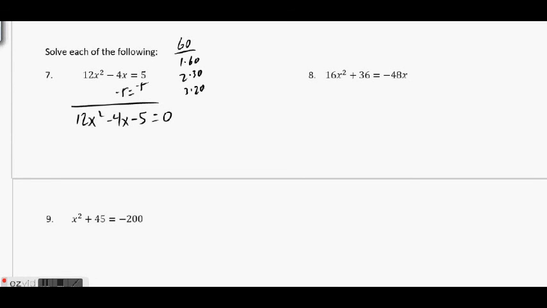Hopefully at this point you're starting to look a little bit ahead and saying, I need that middle term to be 4. So then you say 6 times 10. 10 minus 6 gives me 4, which is what I have there.